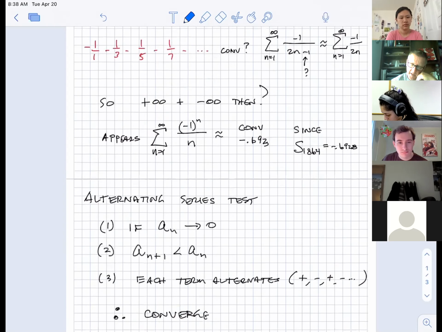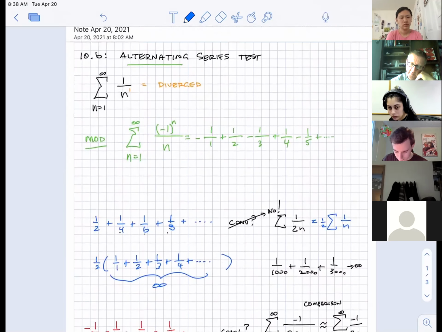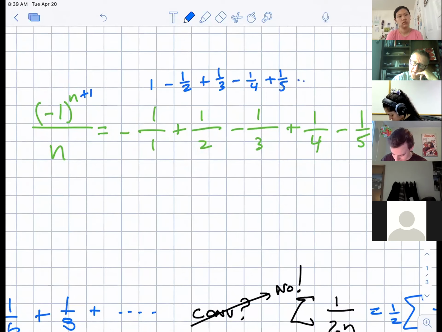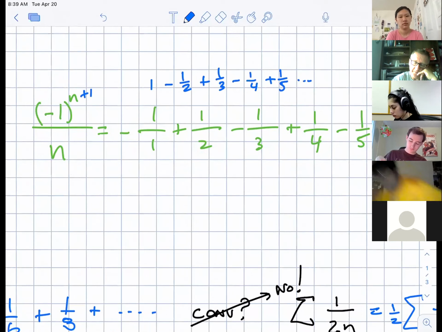So that means back here earlier, when we wrote this sequence out, if I'd put a +1 there, does it make sense? This would have been a +1 and a -1/2 and a +1/3 and a -1/4 and a +1/5 and so on and so forth. And so we would have gotten a positive answer to this question instead of a negative answer. So it changes the answer, but it doesn't change the fact that it alternates.